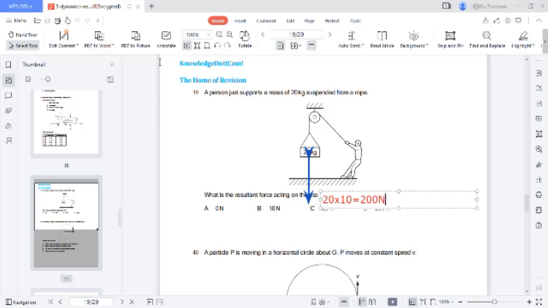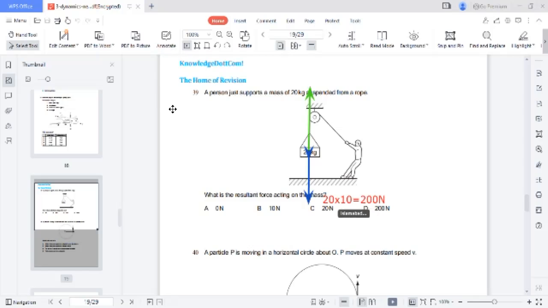And at the same time the tension is acting in the upward direction. So 200 Newton is a tension force which would be acting in the upward direction.